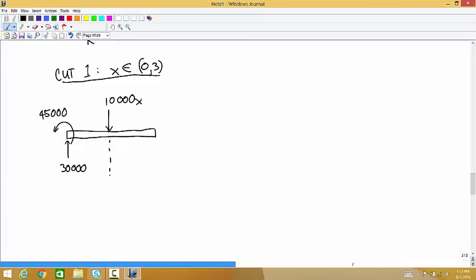And it's going to be happening at a distance x over 2 from the end. And then we have the internal loads, T, V, and M. There's nothing going on about the x-axis, so I'm just leaving the torque out.